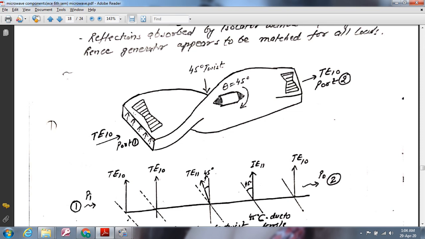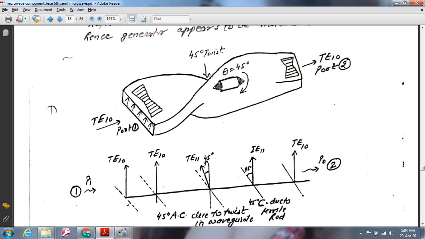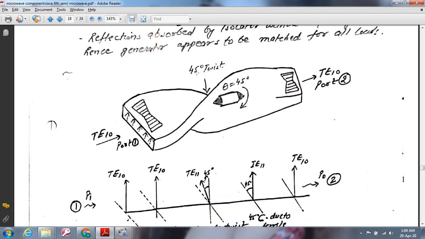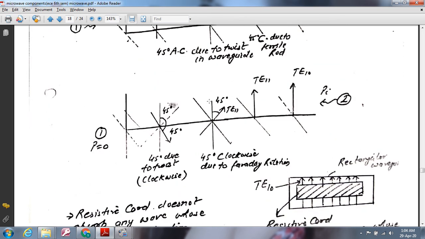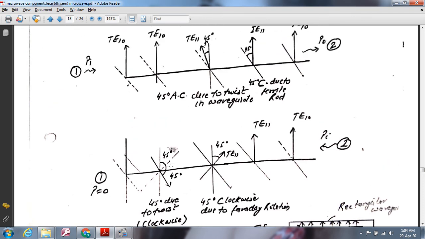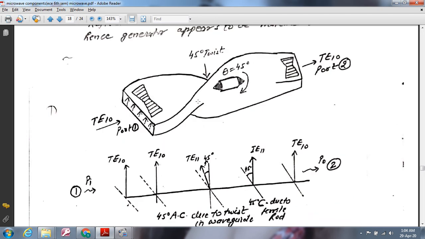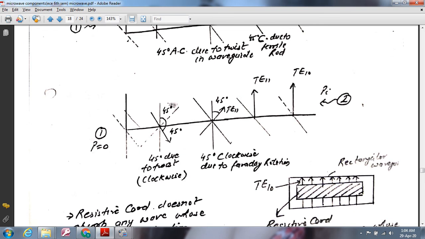In its forward journey, it provided a 45-degree twist in the anti-clockwise direction, but now because the direction of propagation is opposite, this twist will provide rotation in the clockwise direction. So in total, 45-degree clockwise rotation by the ferrite rod and 45-degree clockwise rotation by the twist.